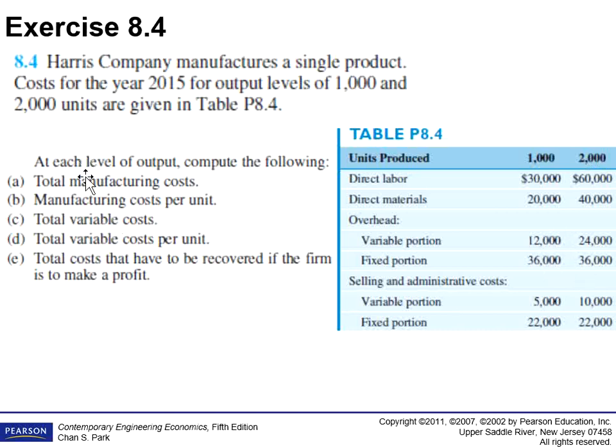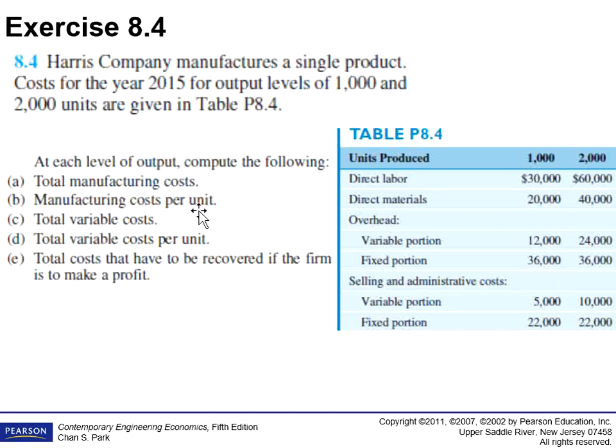Now what is the question? Part A, total manufacturing cost. What is manufacturing cost or product cost? You need to know, it is material, labor and overhead. If you add these four, it is your total manufacturing cost. Simple.